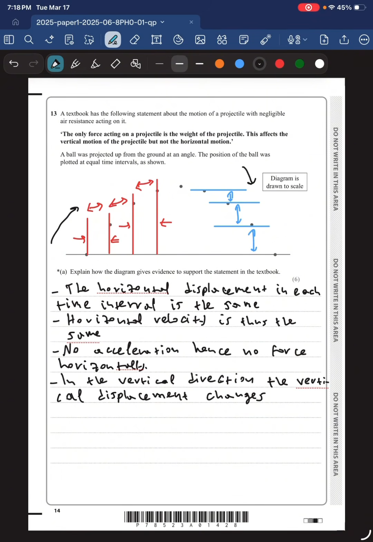That's the key observation. Hence, there is a vertical acceleration. And V is not constant.